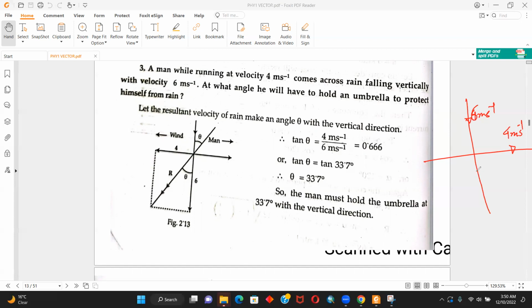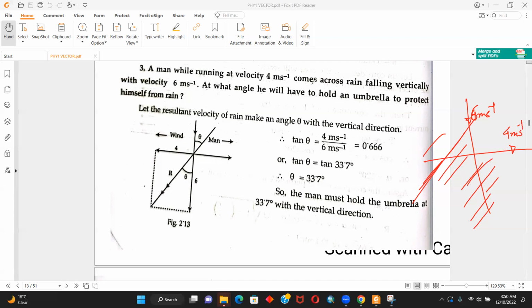Now, obviously, what you would understand is that whenever you are moving with a very fast speed, it will feel like the rain is going in this direction. Understand my point? Whenever you are taking the umbrella vertically, there is a chance for you to get wet.